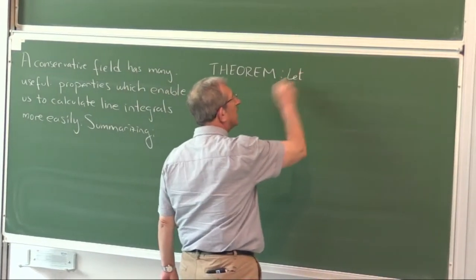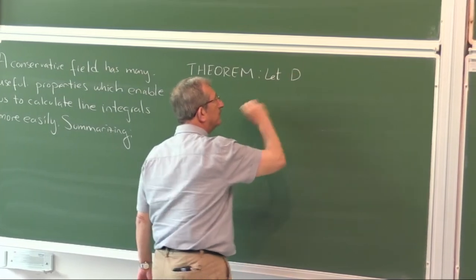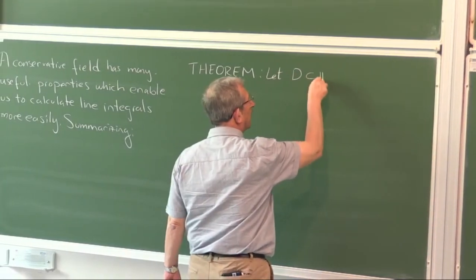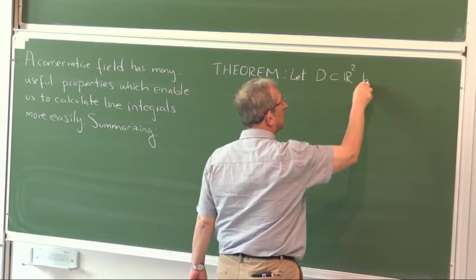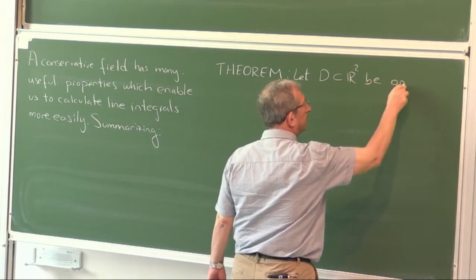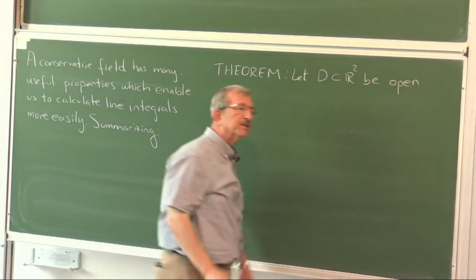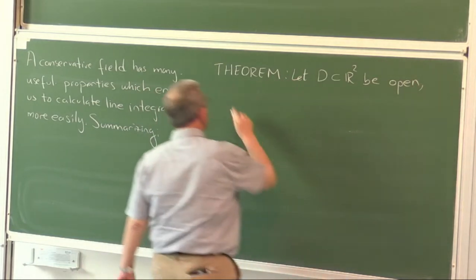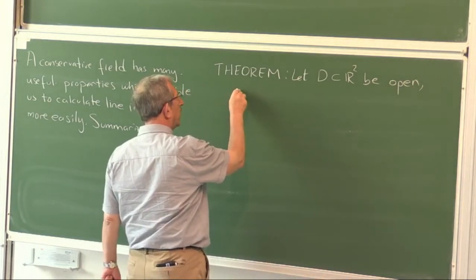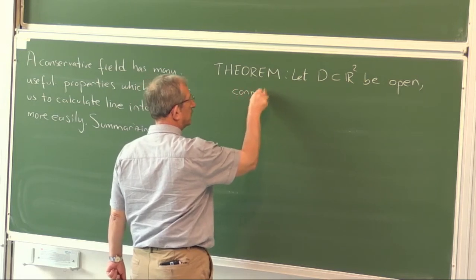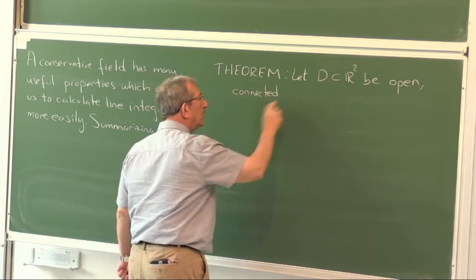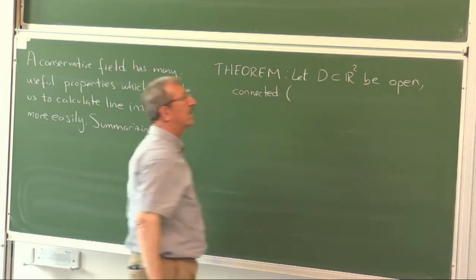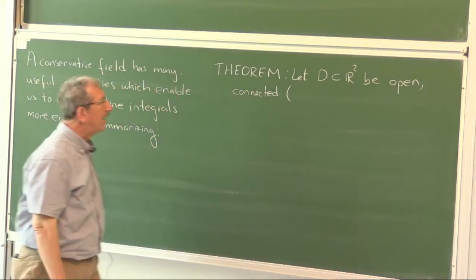So let us start with D, a subset of R2, be open. Now we know what open means. It means without the boundary. Connected. Now, we defined this once, but let me repeat that.